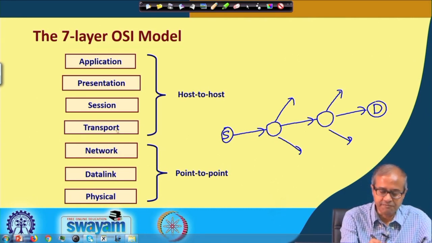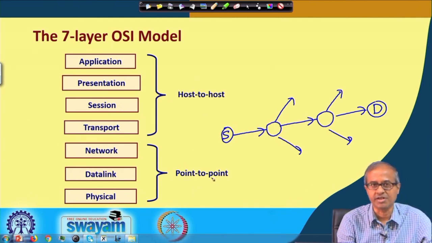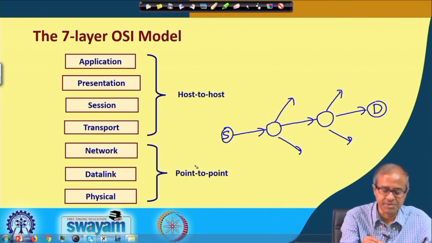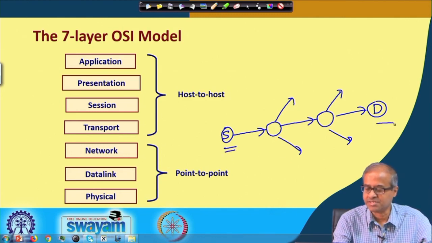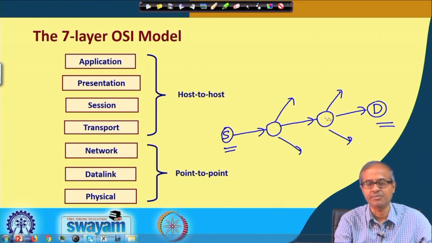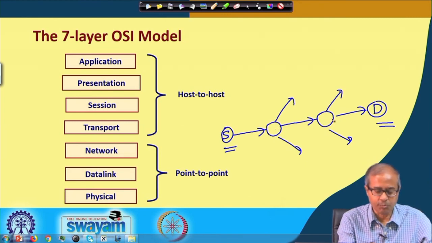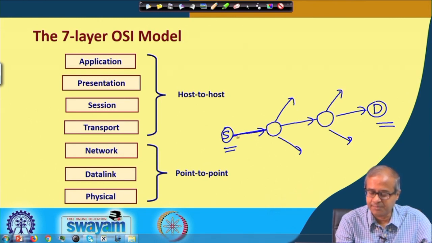Some of these layers are called host to host, and some of the layers are designated as point to point. Host to host means the upper 4 layers exist only in the source and the final destination. They will not exist in the intermediate nodes. Point to point means 2 nodes which are directly connected by a link.